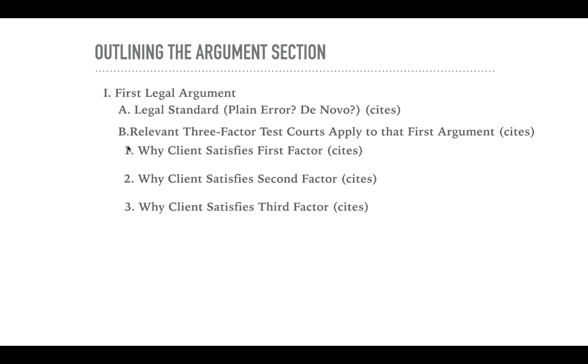And for each of these subheadings, you've got citations too, because these citations are going to reflect the law and the facts that you have from your case chart. And you might have a third subheading in which you talk about why the adversary's argument is wrong as to this first major legal point.